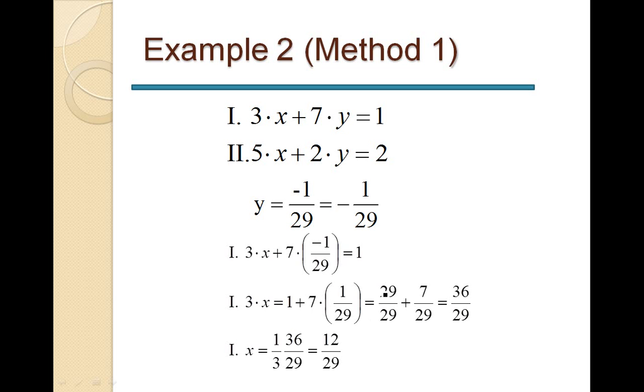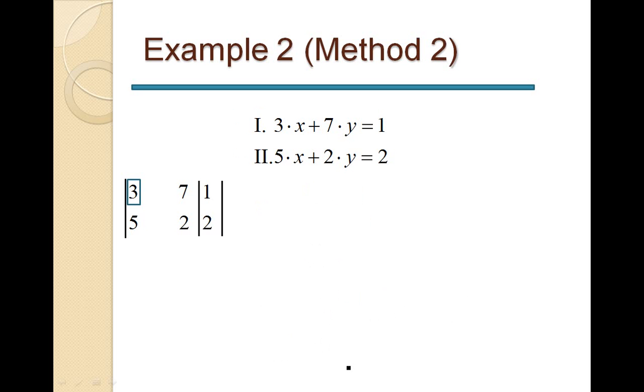Now we can add them, and you get 36 over 29. Now we have to divide by 3, and we get only 12 over 29. So we solved it also with this method.